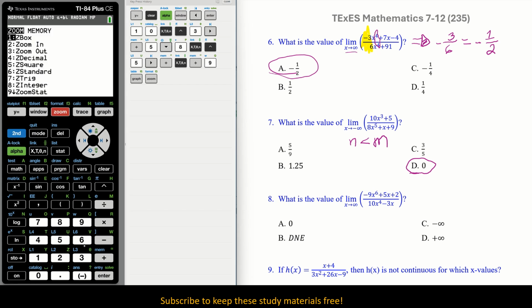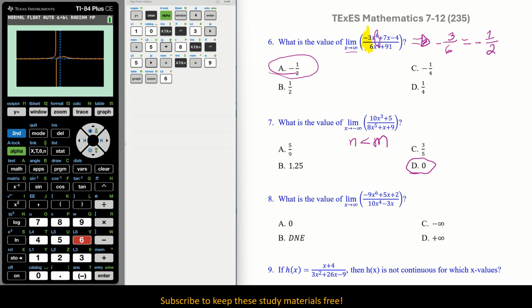Okay, zoom 6. See, I had to change my window. Okay, the limit to infinity approaches 0. All right, let me check my mode.